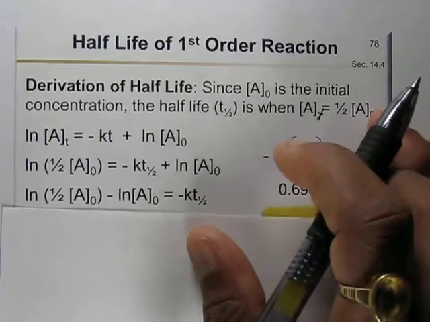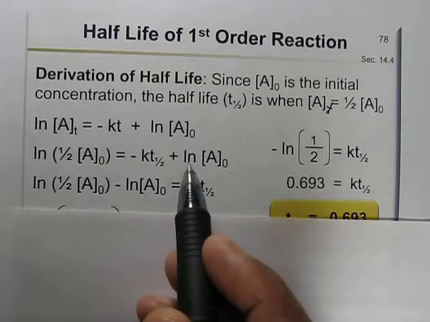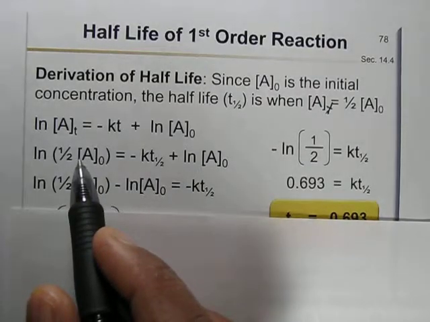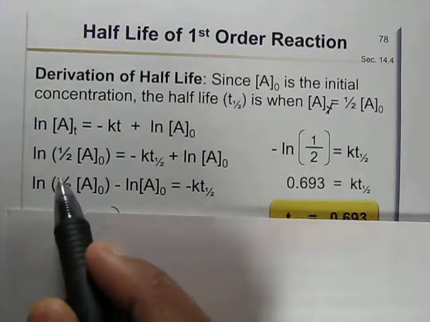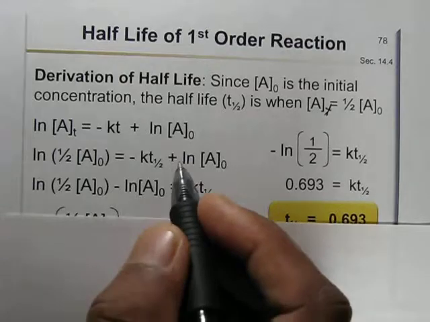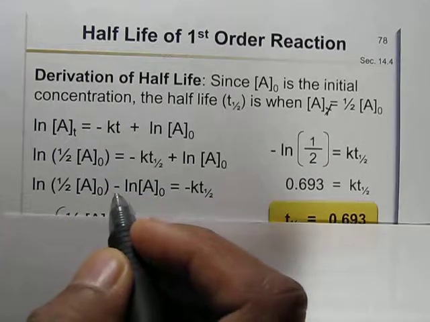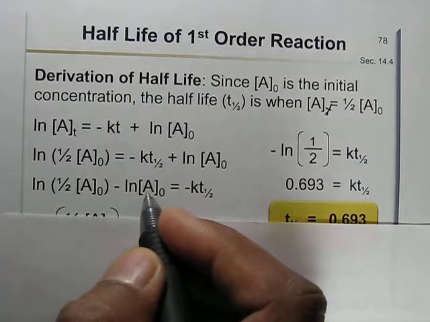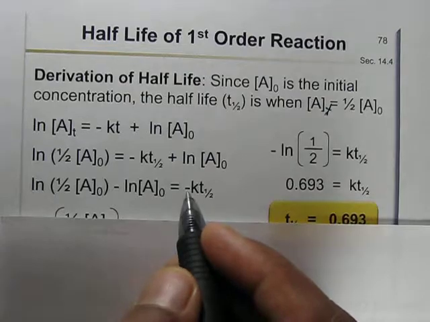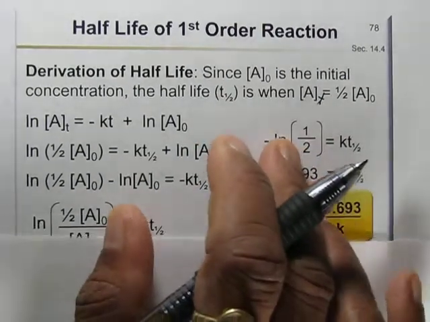Then we can rearrange this equation to move all the natural log terms to the left hand side. Basically we move plus natural log A0 from the right side to the left side, and once we move it, it becomes negative natural log, and the other side will become minus k t half.